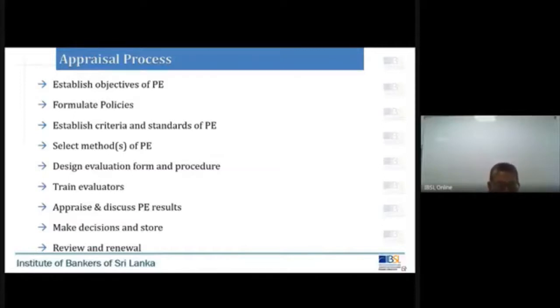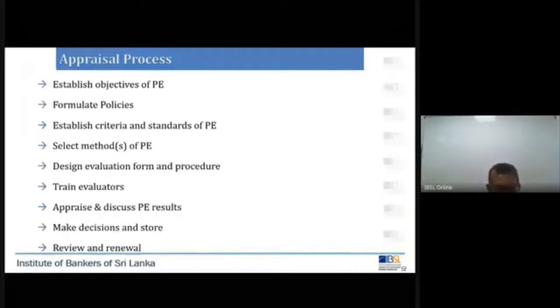If you put down these points, I will explain each one as you write. In today's context, how to conduct appraisal? First one, establishing objectives of performance evaluation. PE means performance evaluation.